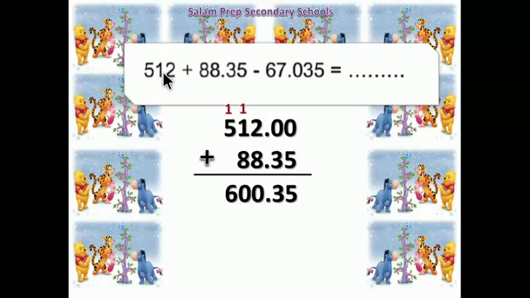But before adding two numbers, you must put zeros to balance decimal numbers. 512.20 plus 88.35. Please put each digit in its own place. In addition, begin with the digit on the right side.